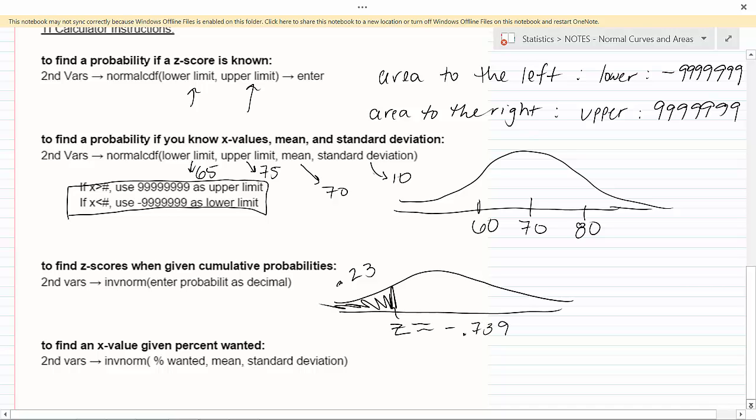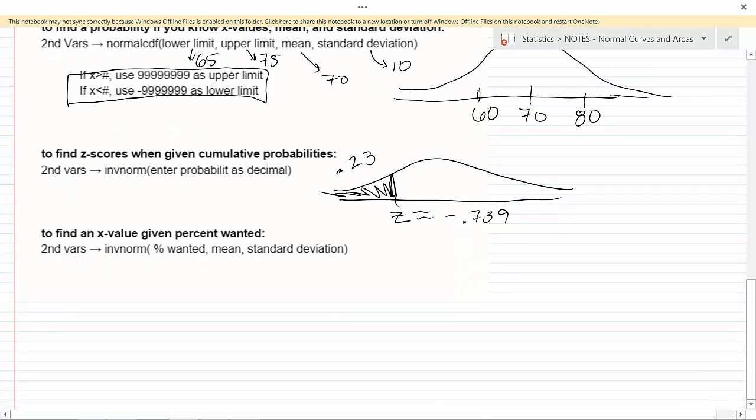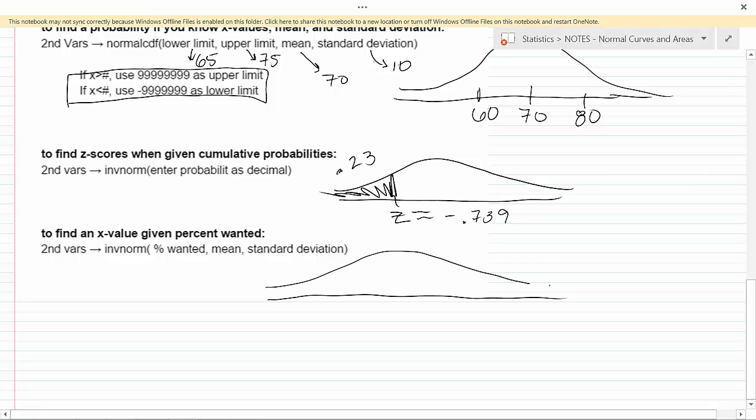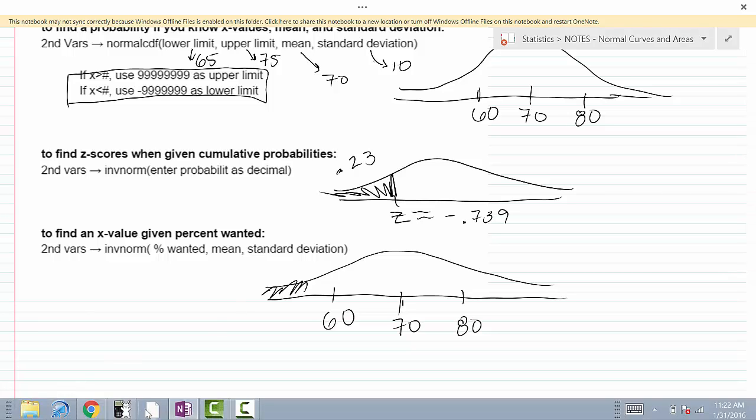I can also do this to find raw scores. So that's the last one here. Let's say I'm going back to my normal curve that had a mean of 70 and a standard deviation of 10. And I want to find the raw score that relates to an area under that curve of 0.23. So I'm going to go to my calculator.